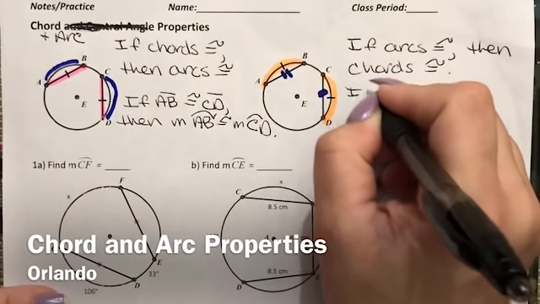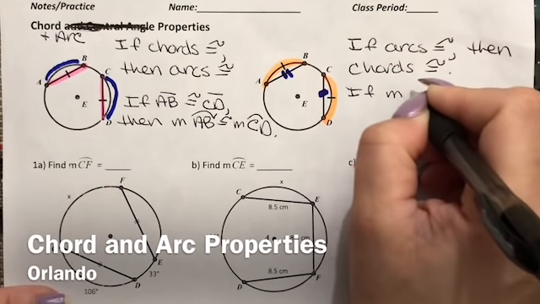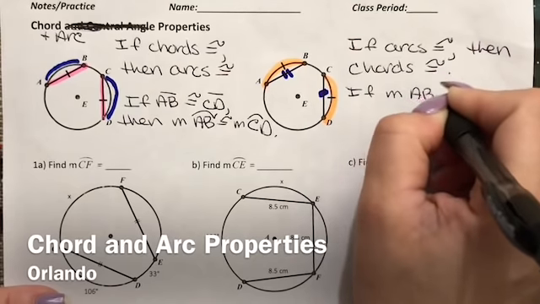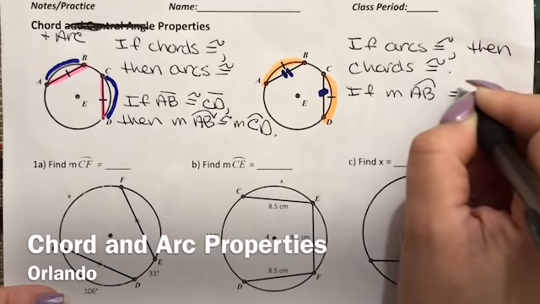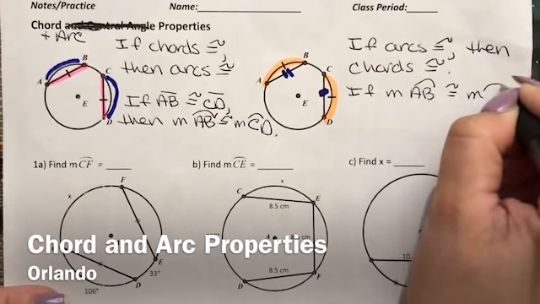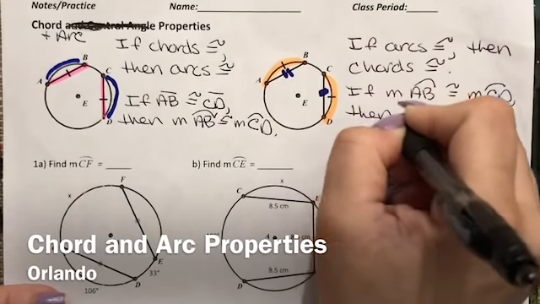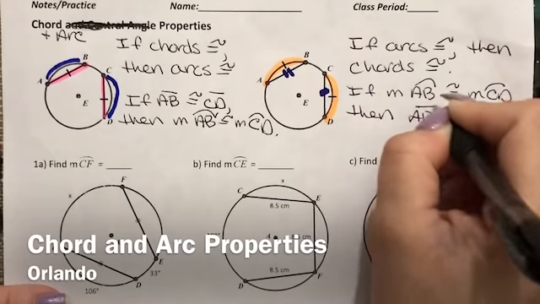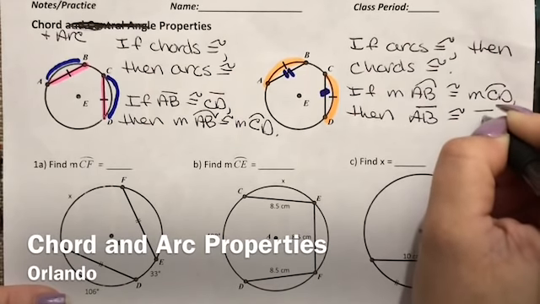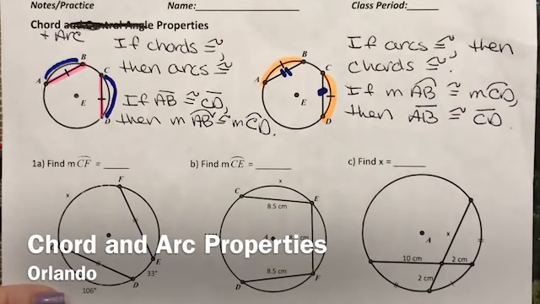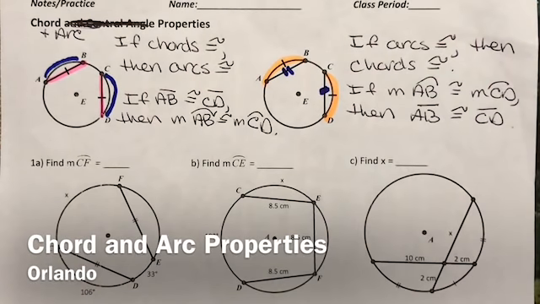So therefore, if the measure of arc AB is congruent to the measure of arc CD, then chord AB must be congruent to chord CD. And we can use those definitions to work on the examples below.